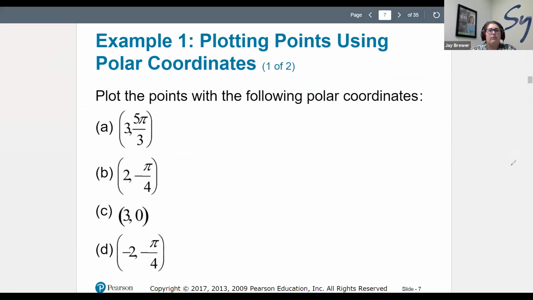Okay, so if we want to think about plotting the polar coordinates 3, 5 pi over 3. So 5 pi over 3, where's that going to be? Where do we want to have our angle at? But now we want it in the fourth quadrant.